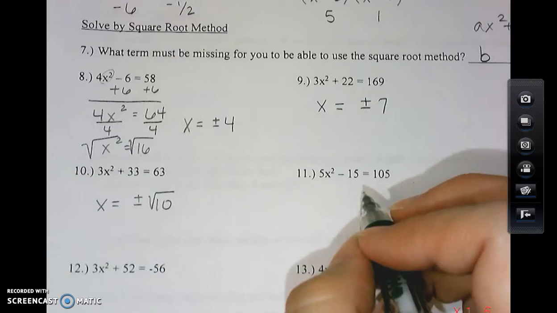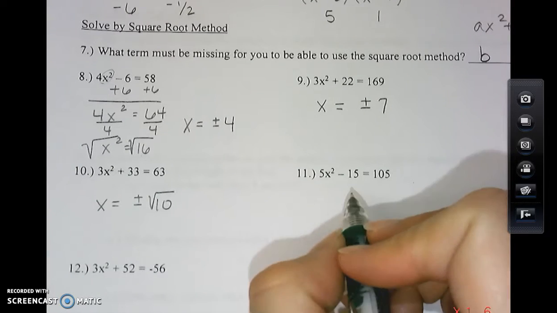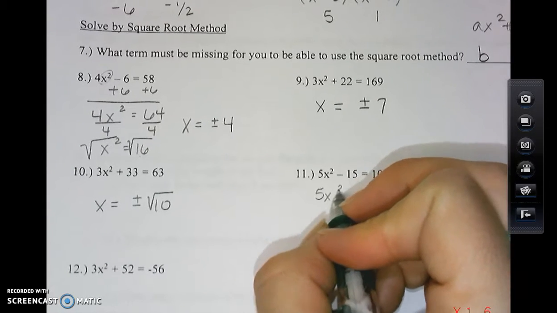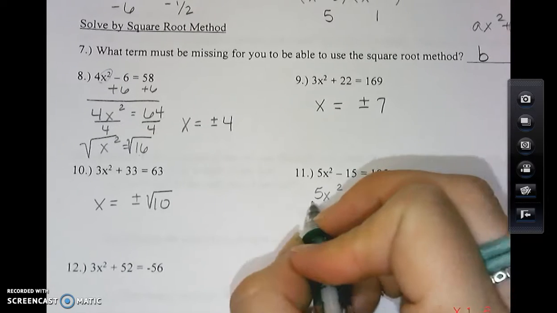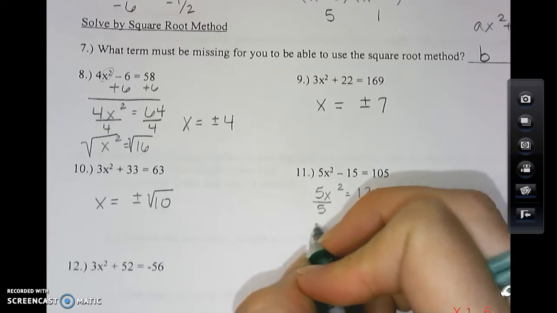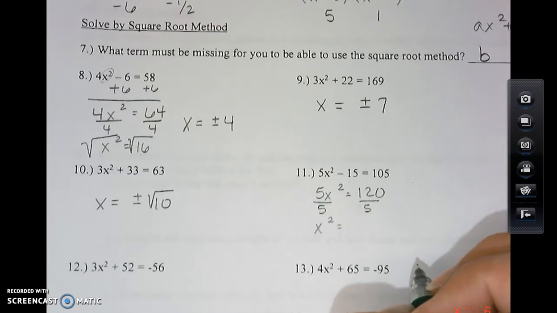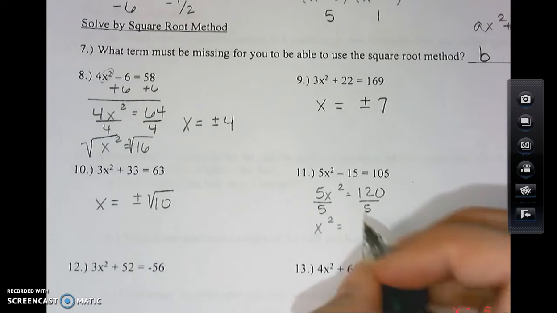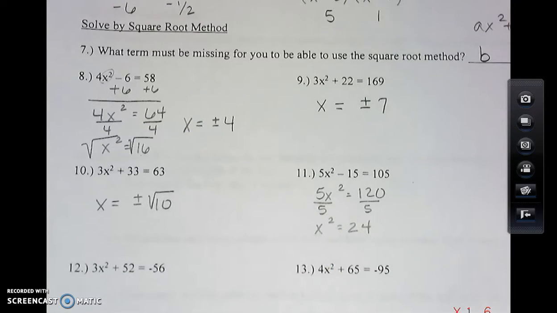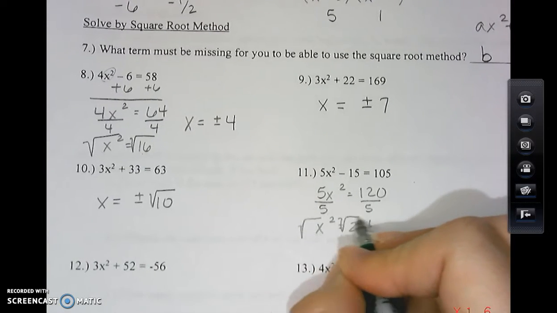And number 11, so when we do this, add 15 to both sides and we get 5x squared equals 120. Divide by 5 and we get x squared equals, what's 120 divided by 5? Which is 24. And then if we take the square root of that, well, that's not a perfect square.